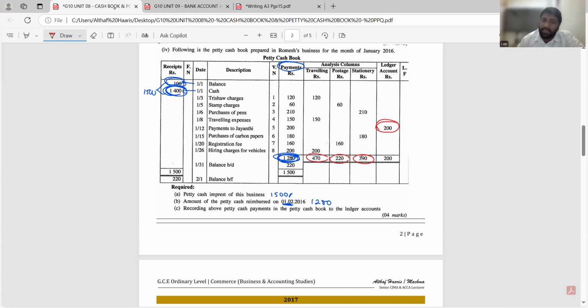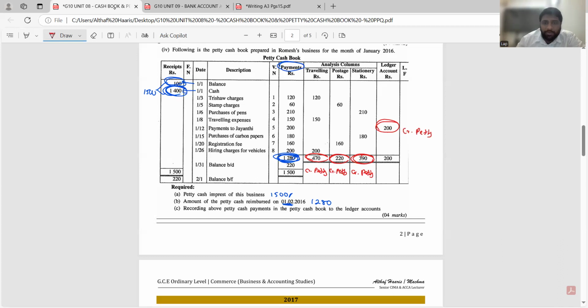So here I'll write the double entry, Lamai. This 470, 220, 370, everything we paid from, sorry, not the cash, the petty cash. So credit the petty cash. Everything credit the petty, because everything we paid from petty.